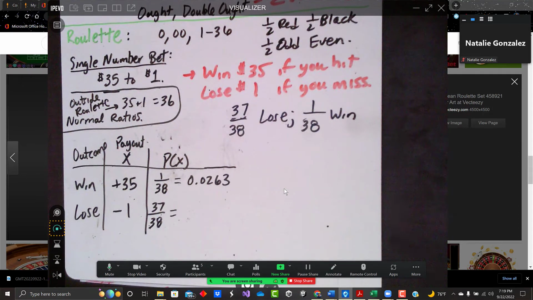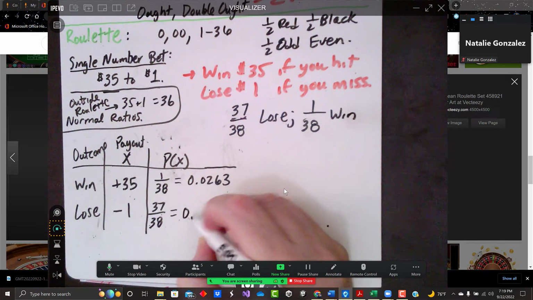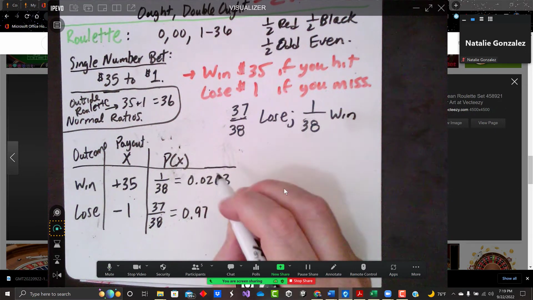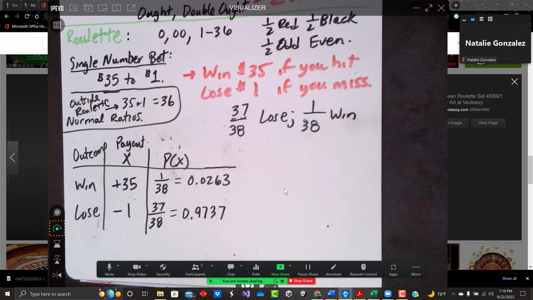And so I don't have a good chance of winning. If I lose, I have a much better chance of losing. And I want to do 4 decimal places, so I'll stop there.